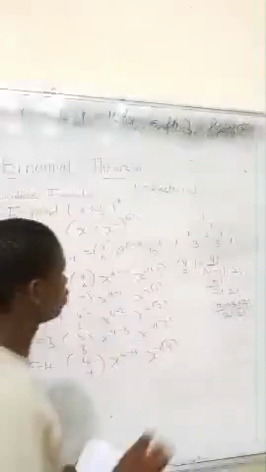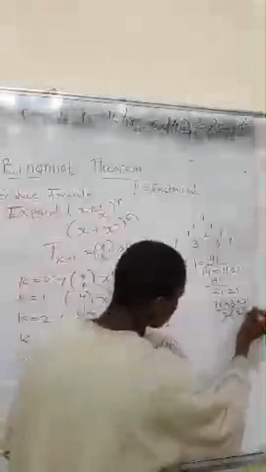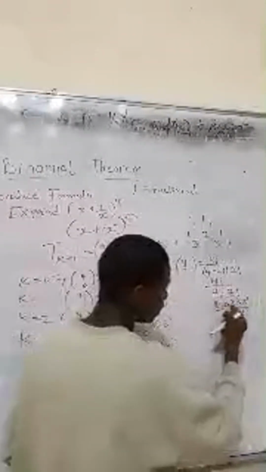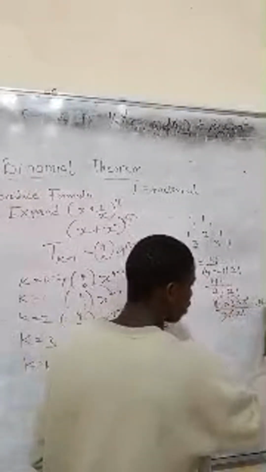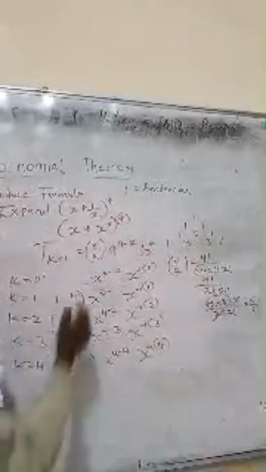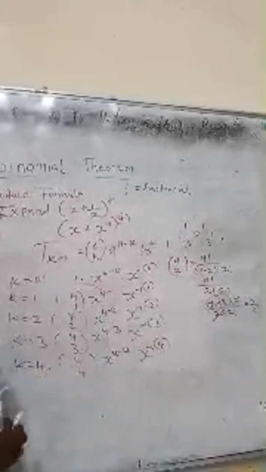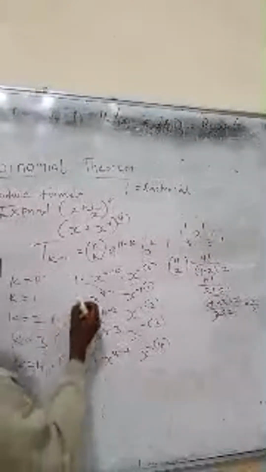So this cancels this, I'm left with 4 times 3, which is going to give me 12 over 2 factorial, which is 2 times 1, which is 2. So the value of this here is going to be 6. We're just going to be replacing each value here. So the value of this first one is 1 when we finish solving, and the value of this second one is 6.